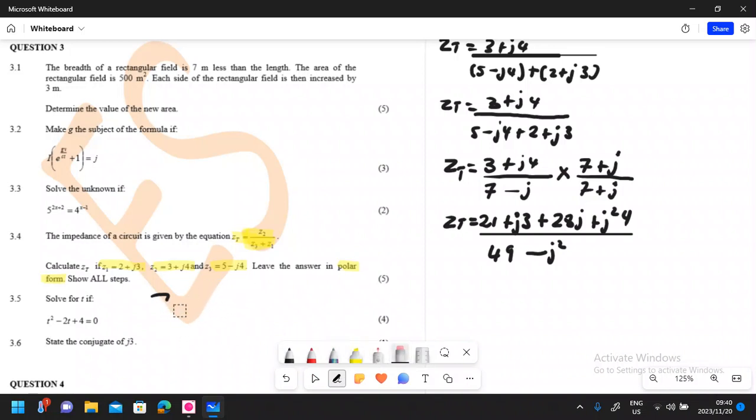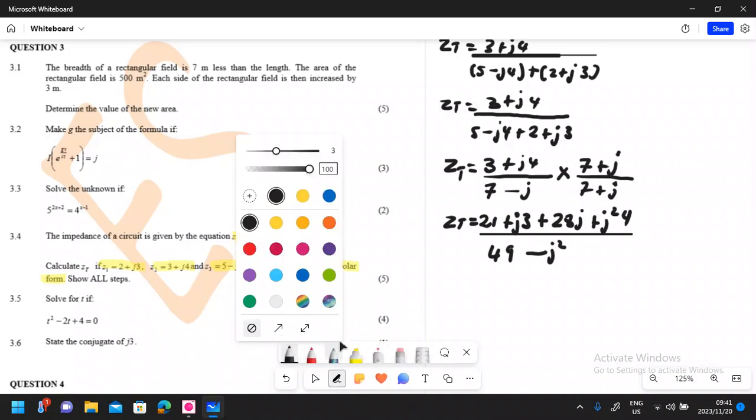What does j squared mean, or how can we deal with j squared? Let me just remind you very quickly, guys, about j squared.